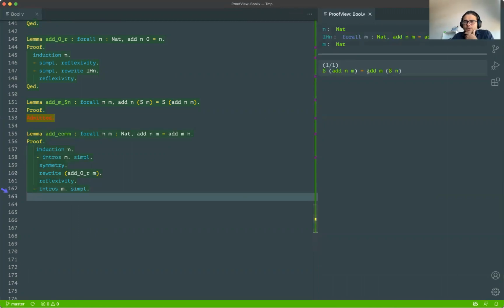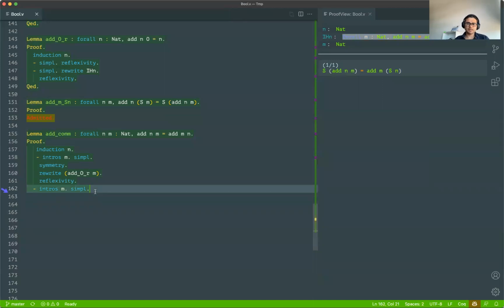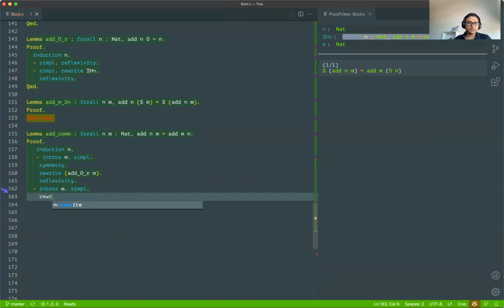Now at this point, if I replace this thing by S (add m n), then I can use this induction hypothesis. So let's first rewrite this thing.